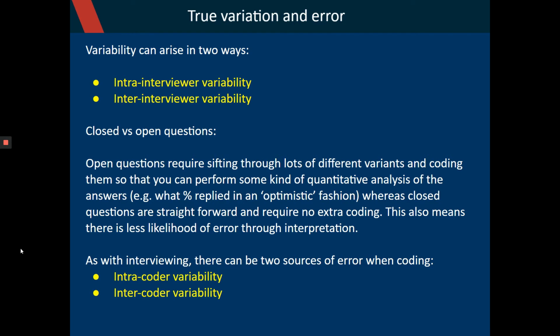Intra-coder variability means perhaps my mood changes throughout the day, and so the way I code interview answers also changes. This creates noise, error and variability in my data. Inter-coder variability means perhaps I see something as optimistic, whereas Isaac sees it as pessimistic, and now we have coded it differently.